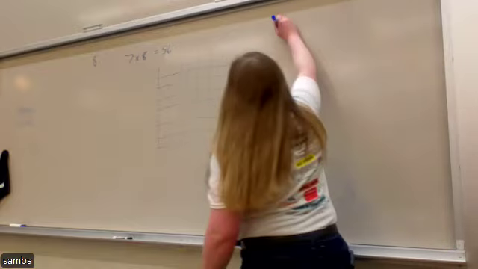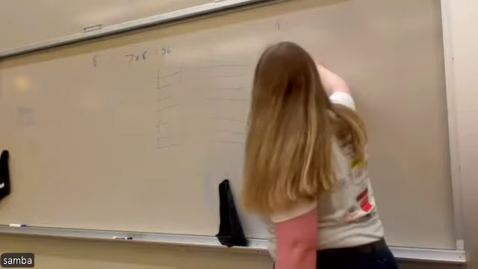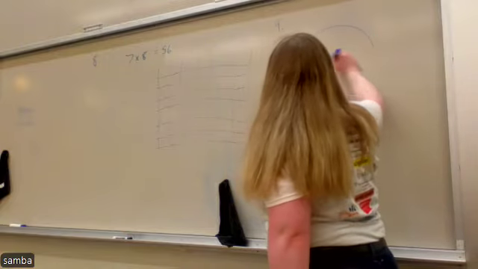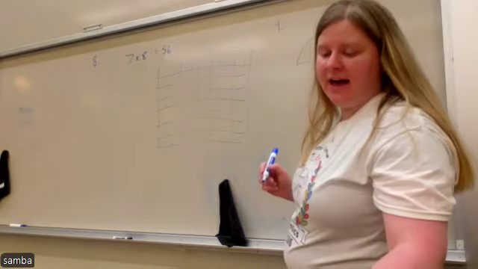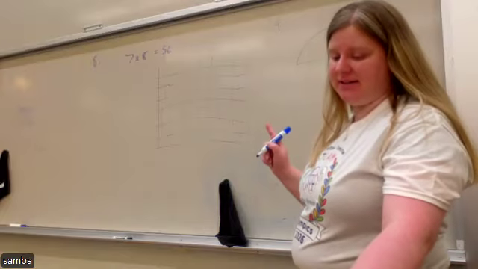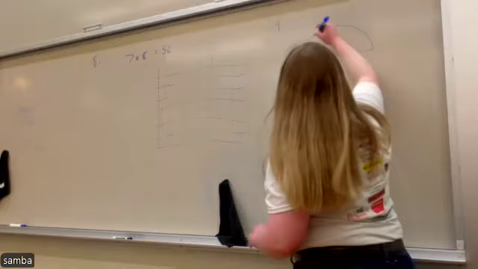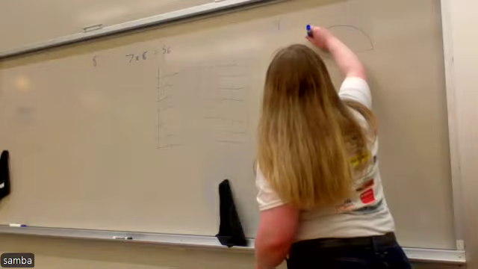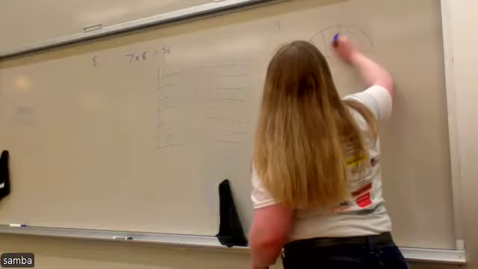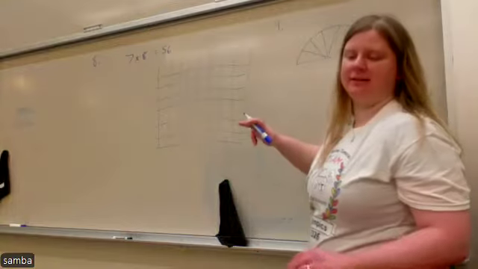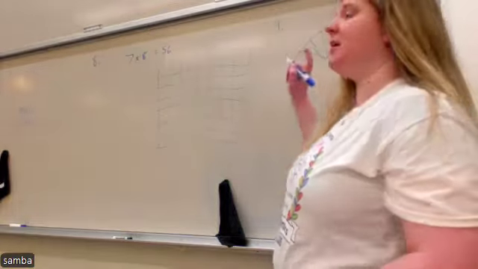So I think this was 9. You have a semicircle, it's half a circle, and it's cut into 6 pieces, right? So you do 1, 2, 3, 4, 5, and 6. 6 pieces, and then you pick 3 of them.